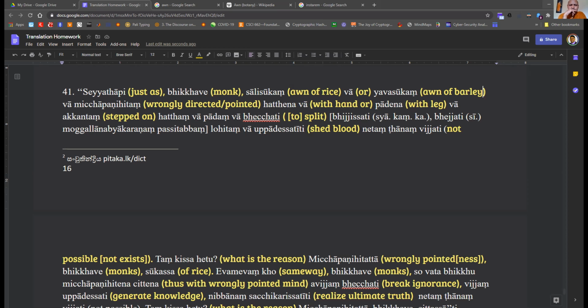Micha, I broke it down as Micha being something wrongly. Panihitam, I think I got it from the dictionary too. One way or the other, it sounded like pointing to, directing to. So now Panihita, you sound like you needed the meaning of that too, right? It's a similar word but not straightforward.